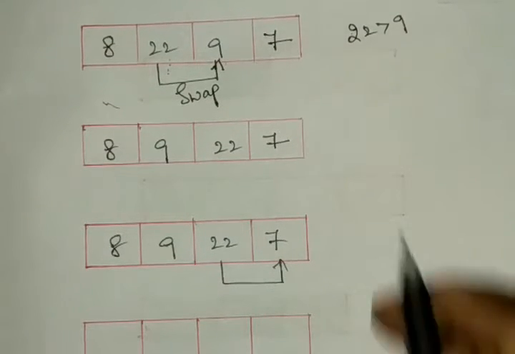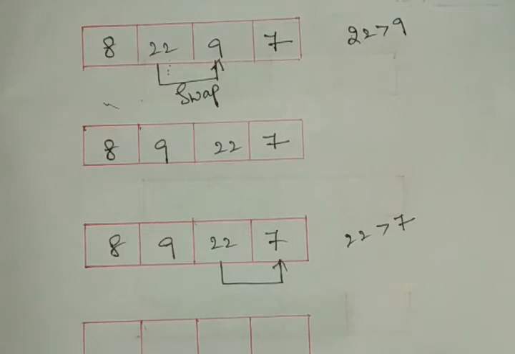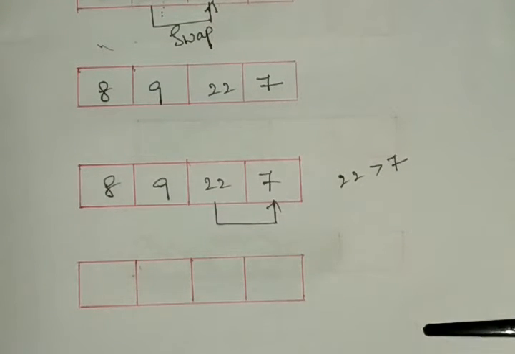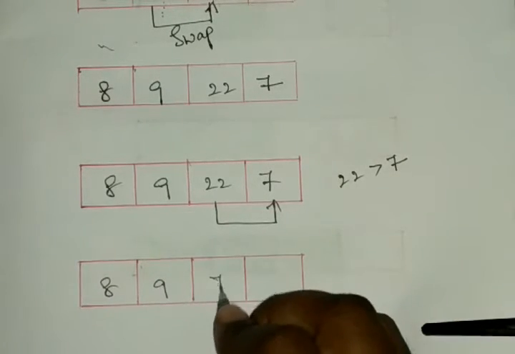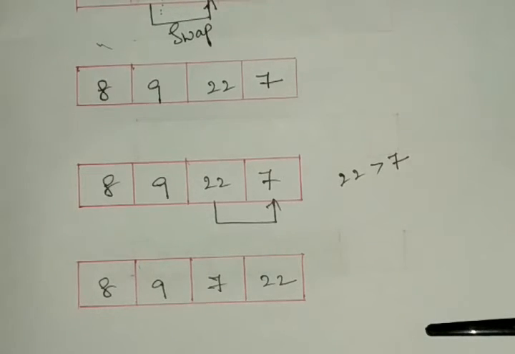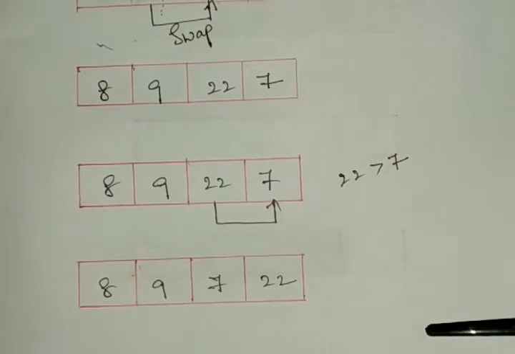Yes, here also 22 is greater than 7. It is the larger value, so we need to swap these two values. Now we have 8, 9, 7 and 22, and 22 gets into this last position. So now the 22 will be bubbled.